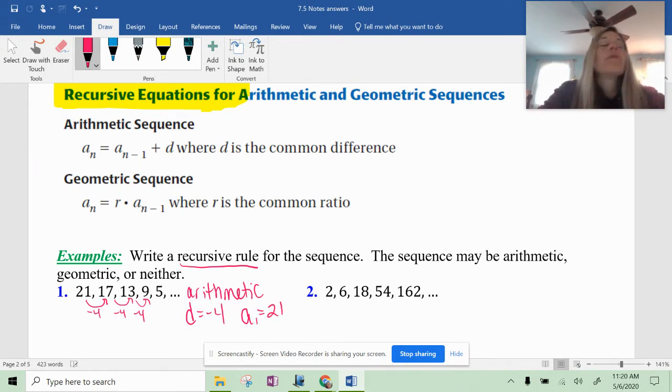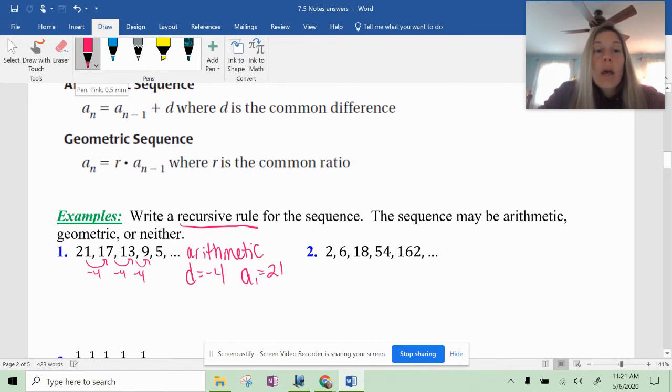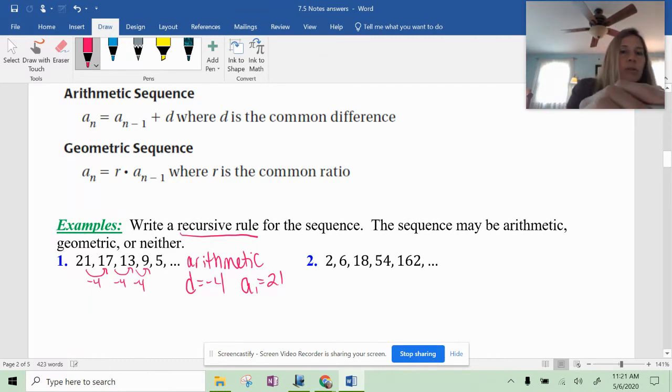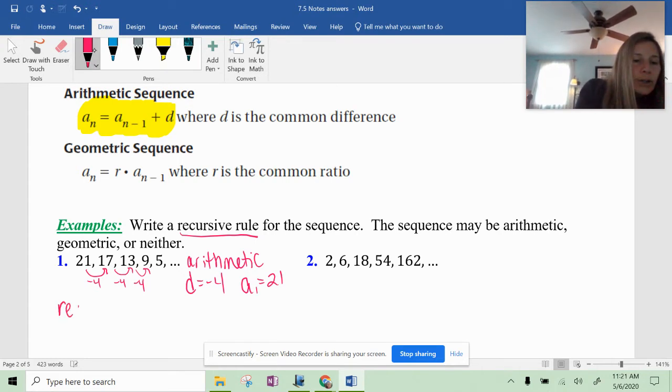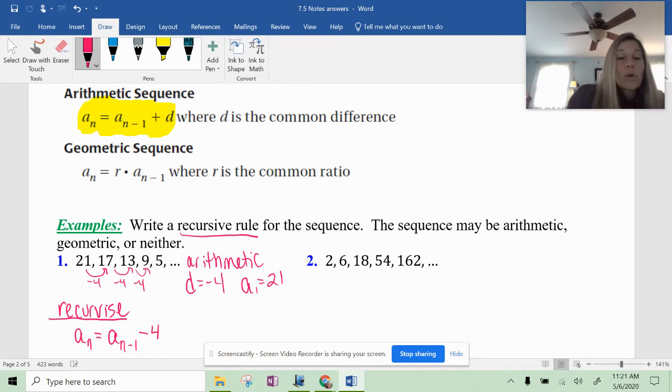Now, we're going to use both those pieces of information, whether we write a recursive rule or an explicit rule, but it's going to be used differently. So let's do the recursive rule first. This is the recursive rule formula here. So if I'm going to do this as a recursive rule, that means that my A sub n is just going to be written like this: A sub n minus 1 plus D, but in this case, my D is a negative, so it's -4.